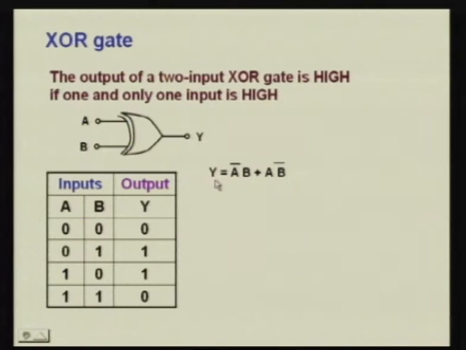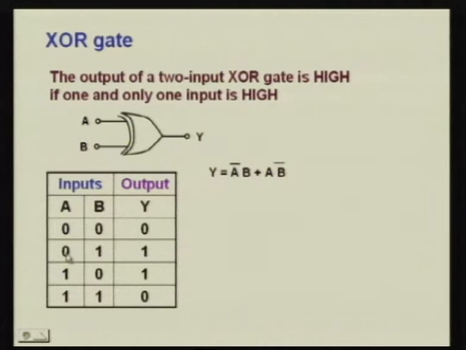You see, I have just written Y = A bar B + A B bar. How can we write it? For constructing the output from the truth table, we have to see the output status. We have to enter all the inputs for those outputs where we are getting one state. So here we are getting one state here and here.